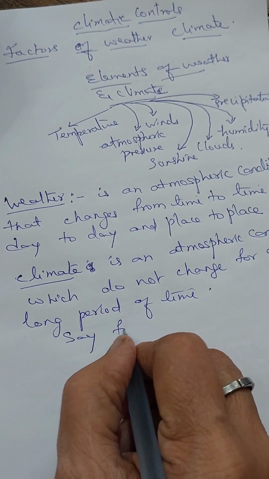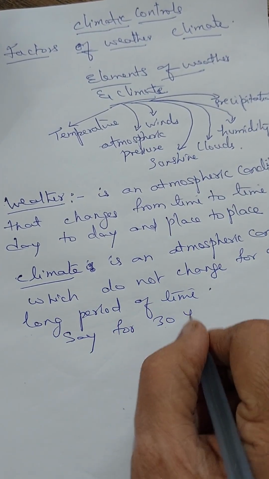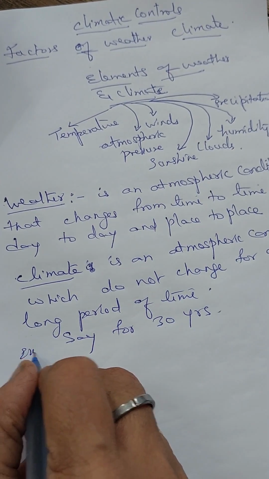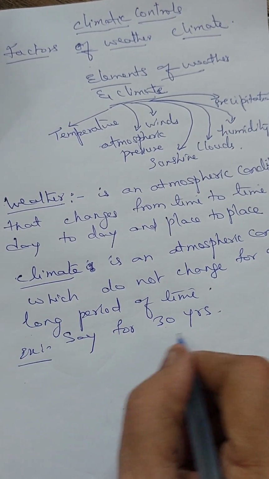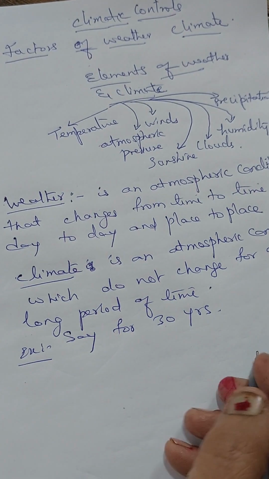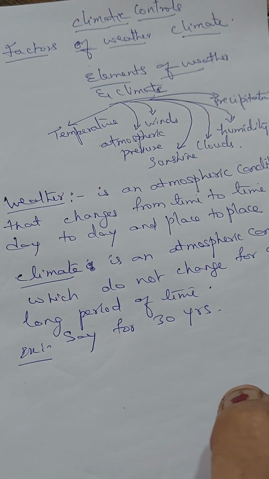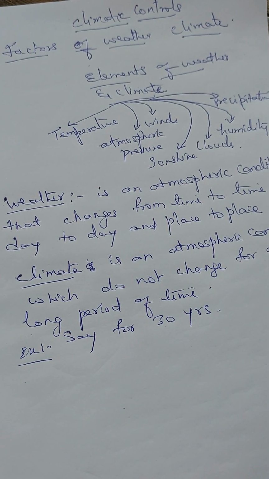Say for 30 years, children. This is an example. For a long time, the climate sustains. We see some cool climate countries and some hot climate countries. You take Africa, right? Different countries in Africa have very hot climate.